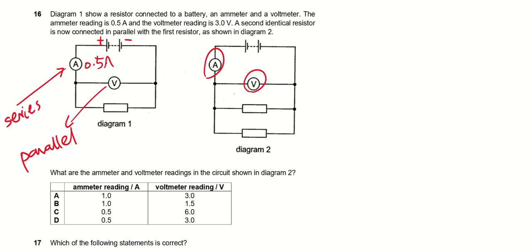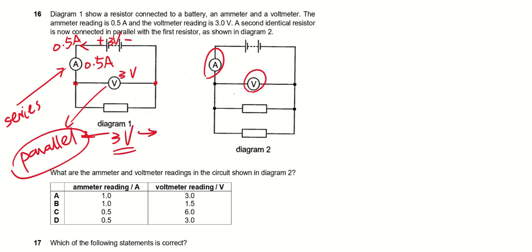That means a current of 0.5 ampere is coming out from the battery, and the voltmeter reading is 3 volts. That means this battery is 3 volts, and the potential difference across this resistor is 3 volts, because the voltmeter is connected in parallel, so the potential difference is the same.